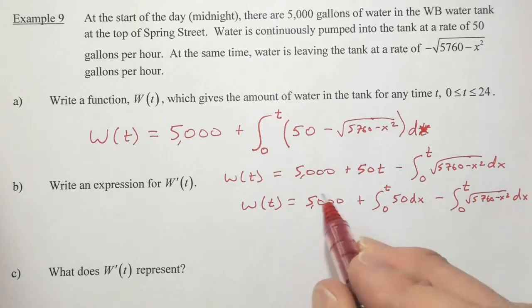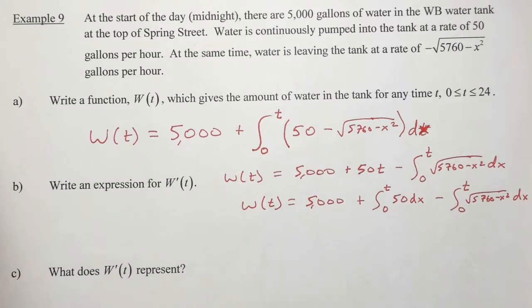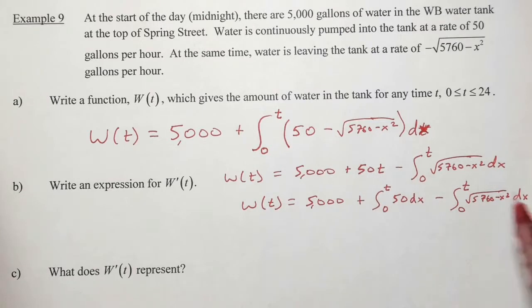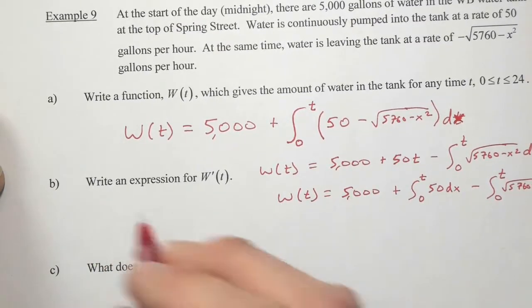And this third answer would be just as correct as the previous two because they all represent the same thing. It's the change going in, that's positive, involving the 50, and the change going out, which is negative, involving that variable rate. As far as part B is concerned, write an expression for w prime of t.